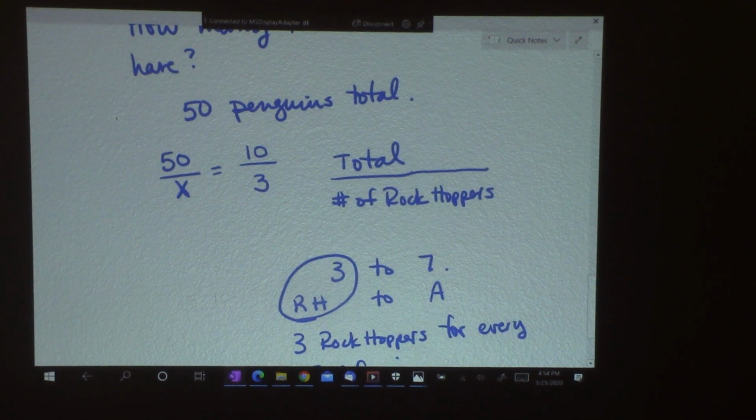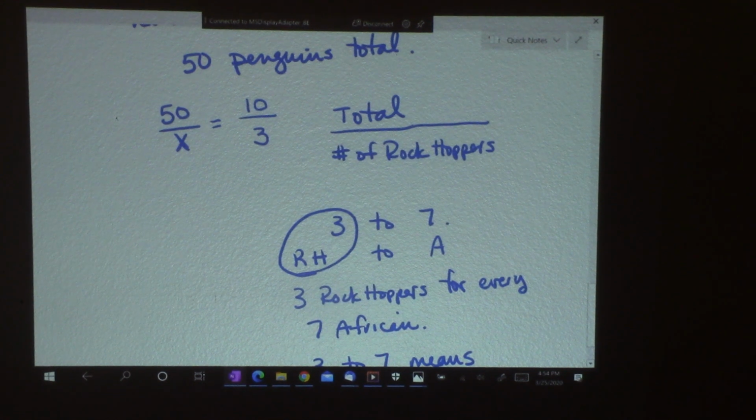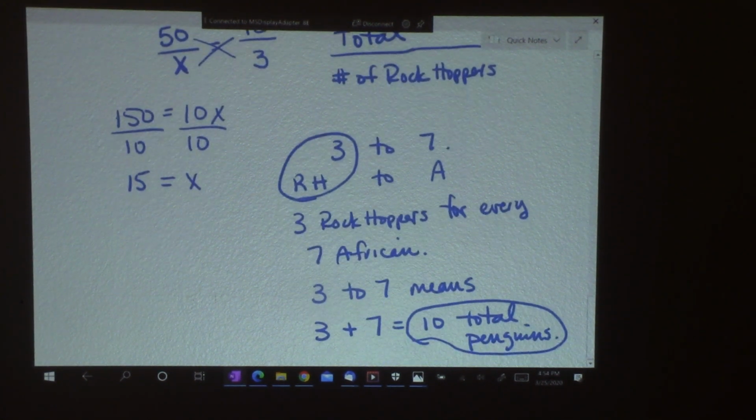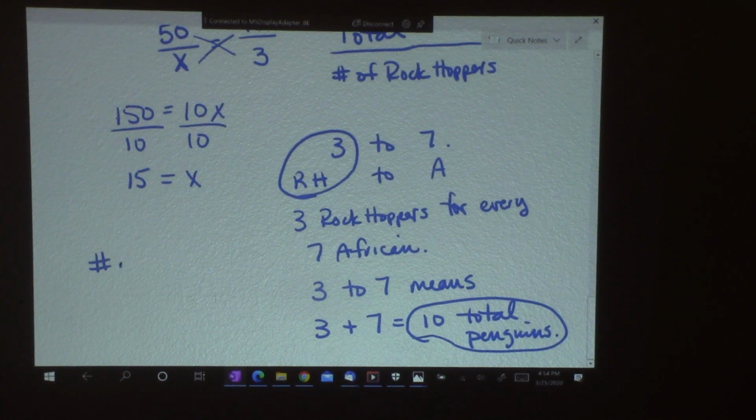Okay, so now to solve for x, I would have 50 times 3 is 150. X times 10 is 10x. I divide by 10 and I get 15. So the total number of rock hoppers is 15.